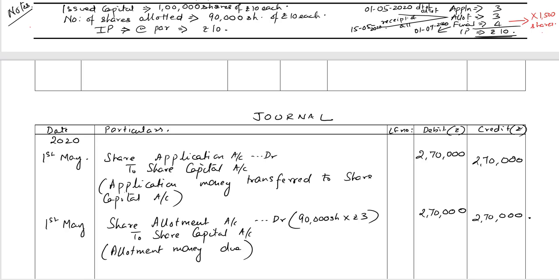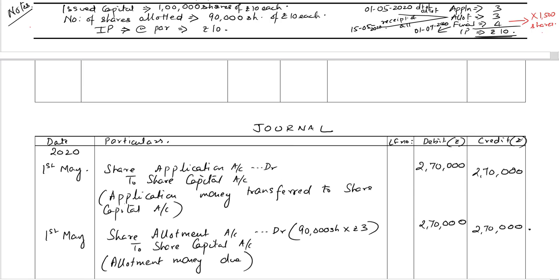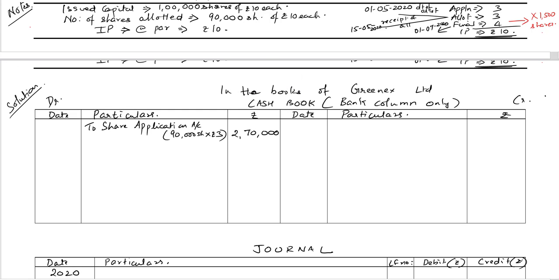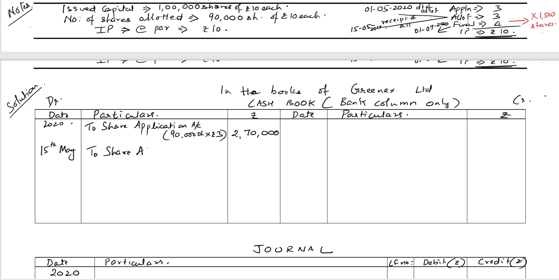The next entry is for receipt of allotment money. It is a cash transaction. The date of receipt of allotment money is 15th May 2020. Bank account debit to share allotment account. The full amount due has been received, 2,70,000 rupees.